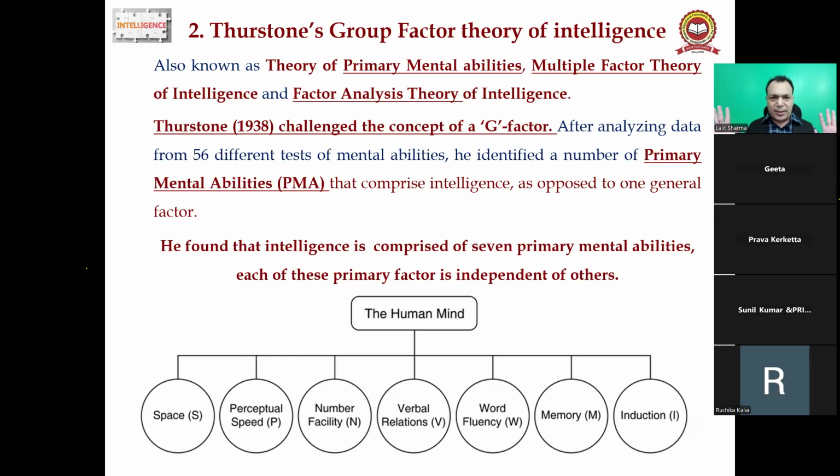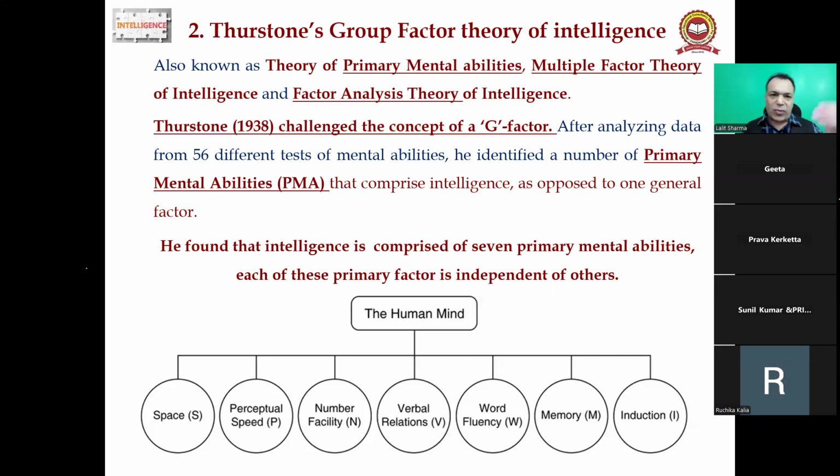Okay. There is no G factor or S factor responsible for intelligence. He said that basically there are 7, or 9, but it talks about 7 factors. 7 factors are responsible for intelligence. Okay. And these 7 factors are called the primary mental abilities.